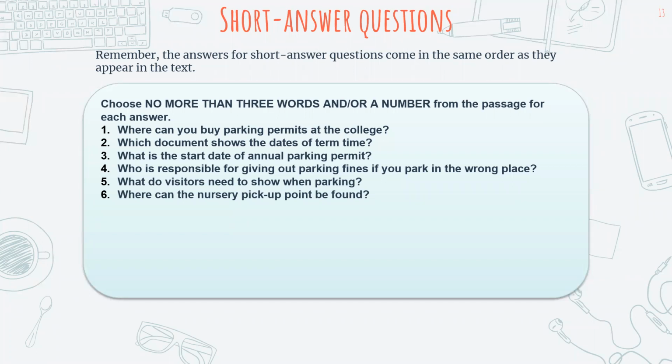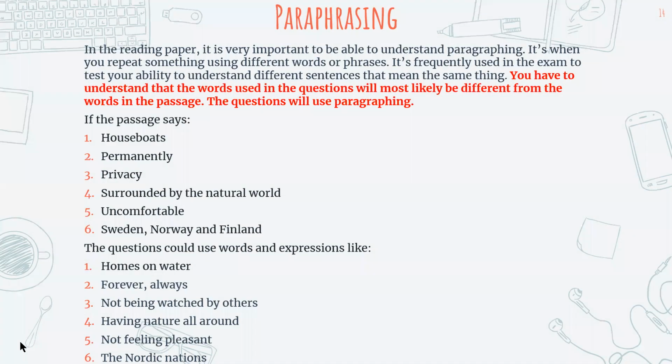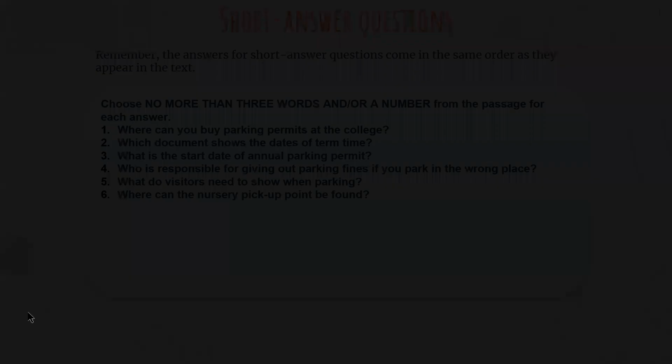Which document shows the dates of term time? So I have to underline the keywords. I would say document, dates, and term time. So I'm looking for a document. The answer has to be with a document.